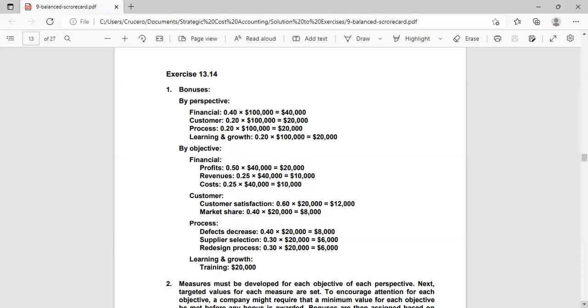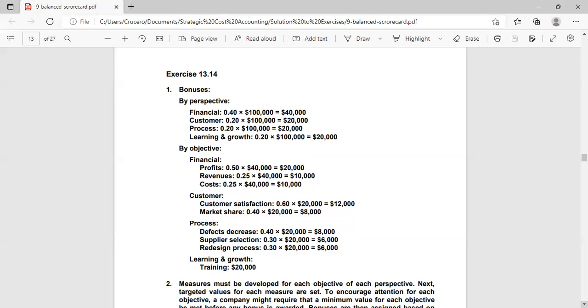Take note that by perspective, you have included financial, customer, process, and learning and growth. By objective, included are financial, profits, revenues, and cost.